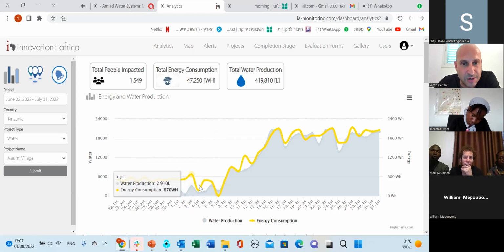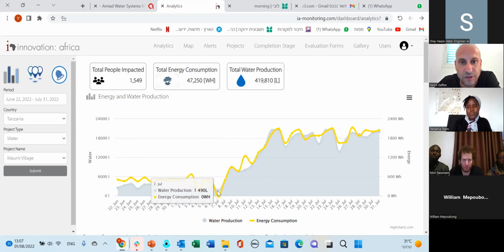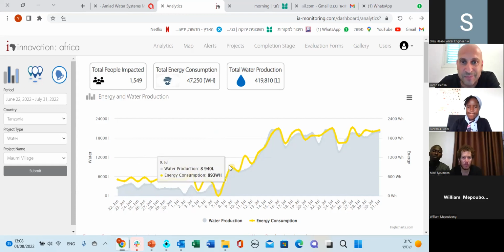So starting from the first week of July, we removed the tariff, the water fee, and we asked her to do it for the next 3 months so we can evaluate the system. And you can see how it affects the water consumption of the community.